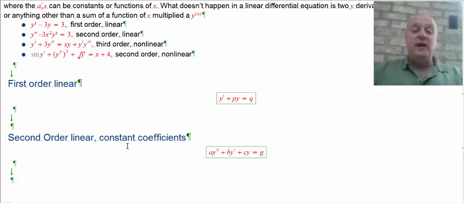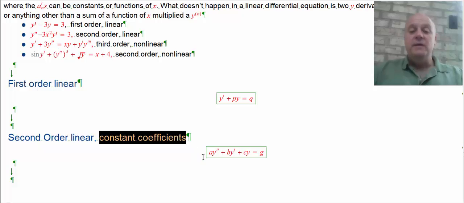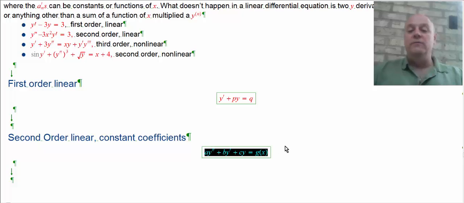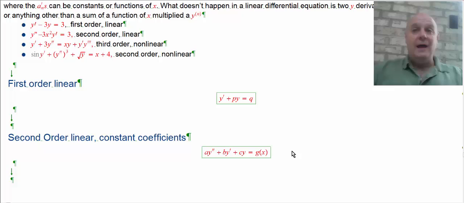Constant coefficients means that the a, the b, and the c are all numbers, constants. The g can be a function of x or t. We'll learn how to solve all of these equations as well. So classifying them is our first step in deciding which method to choose to solve them.